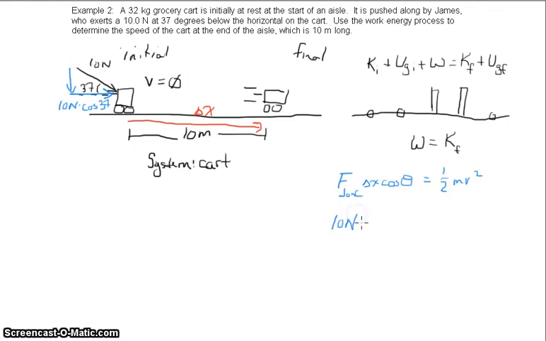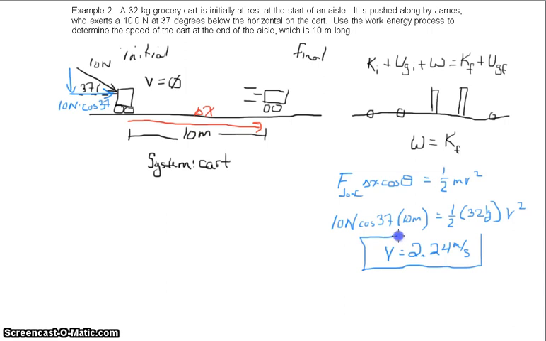We have 10 newtons times cosine of 37 times 10 meters is equal to 1/2 times 32 kilograms times v squared. If we substitute everything in, we get the final speed is equal to 2.24 meters per second. Alright, and that's it.